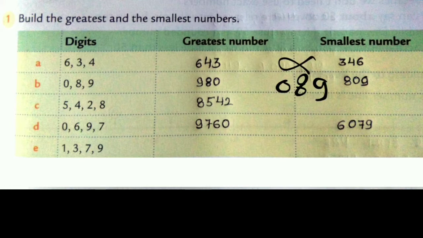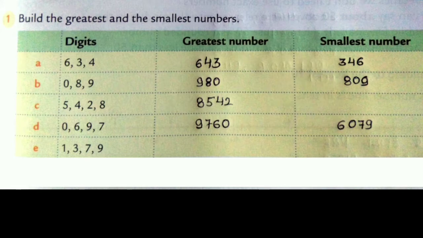We will write the greatest number as 980, but for the smallest we will not write 089. We will write 809. Why? If we write 089, we are having only a 2 digit number, not a 3 digit number. That is why we are writing 809.